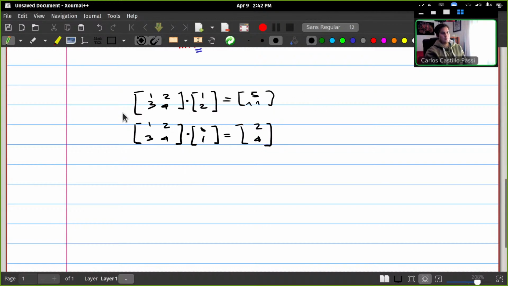But to calculate for vector 1 and vector 2, we did 2 operations, but we can do them at the same time by writing this as the same matrix A, 1, 2, 3, 4, and a matrix with first column B1 and second column B2.